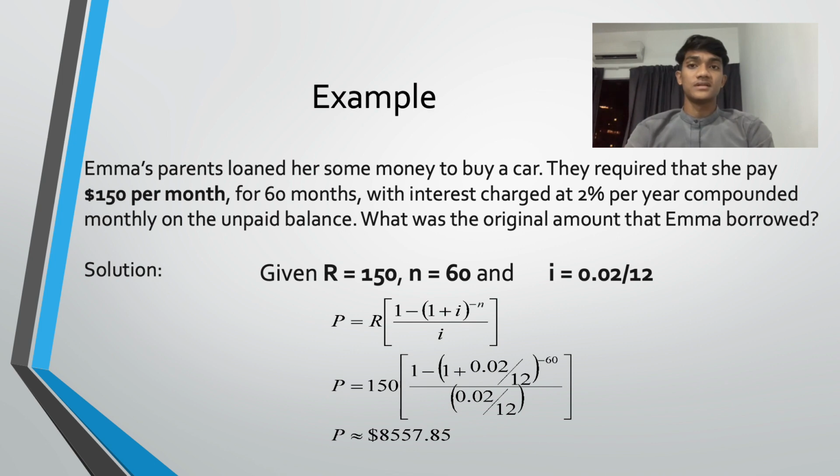The solution, given: R is 150, N is 60 and I is 0.02 divided by 12. We apply the information to the formula, and then we get the final answer, which is $8,557.85.